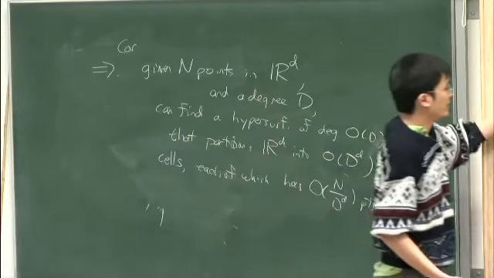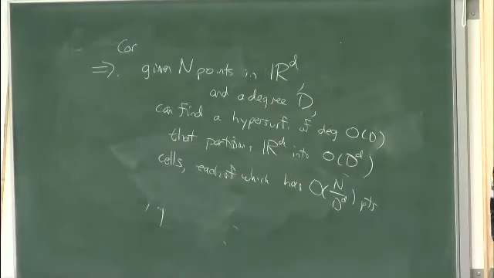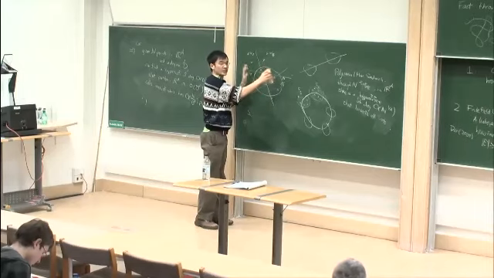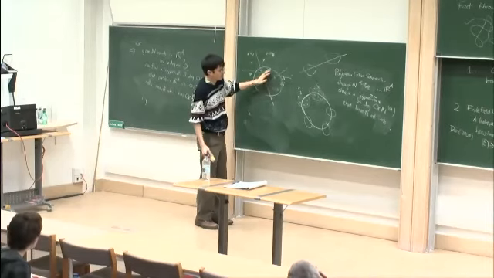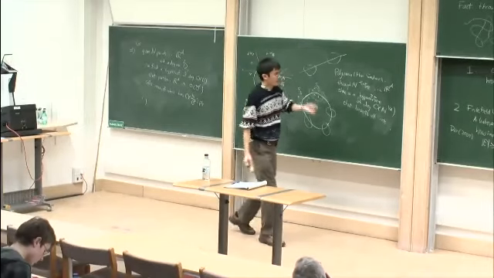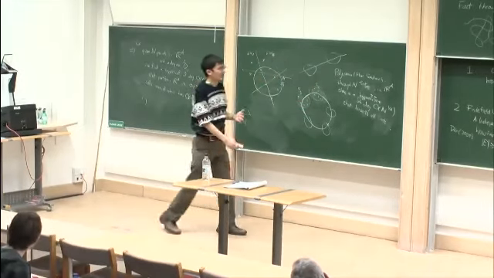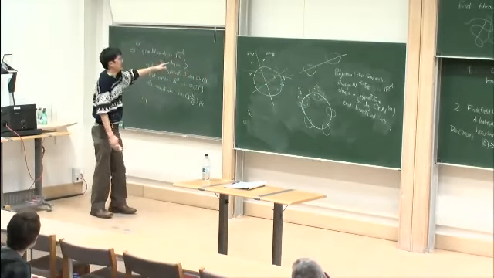So each of these lines only meets a small fraction of these cells, and these cells don't really talk to each other very much. Because of that, you can work on each cell separately, get some bound, and then put it all together and get a better bound, and you get to pick d.